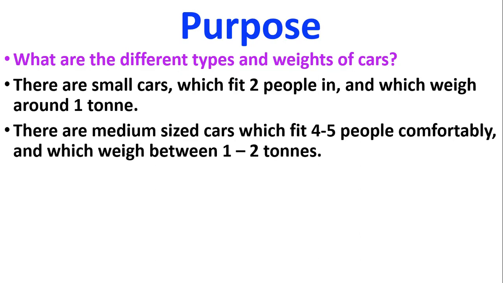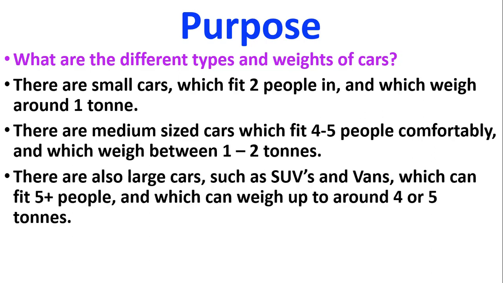Then we've got medium-sized cars, so that's our regular cars, our salons, our normal cars that most of us have, and they fit around 4 to 5 people, and those usually weigh somewhere between 1 to 2 tonnes, maybe a bit over 2 tonnes, but somewhere in that ballpark. We've also got large cars, like our SUVs and our vans, and they can fit 5 or more people, and they can weigh up to 4 or 5 tonnes.